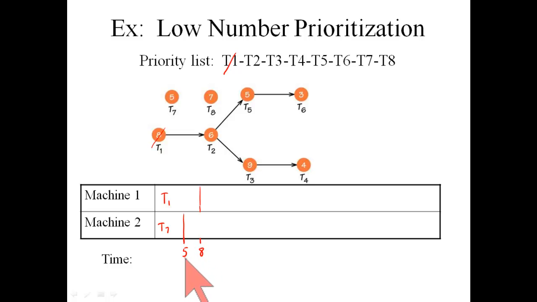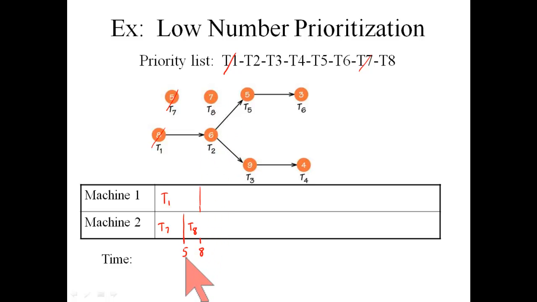Alright, so now we're at time 5. What happens? Person number 1 is still working on task 1. Person number 2 needs another job, and we decided that after task 7 is completed, task 8 is the only task that can be started, and so machine number 2 is going to start on task 8 after it finishes task 7.